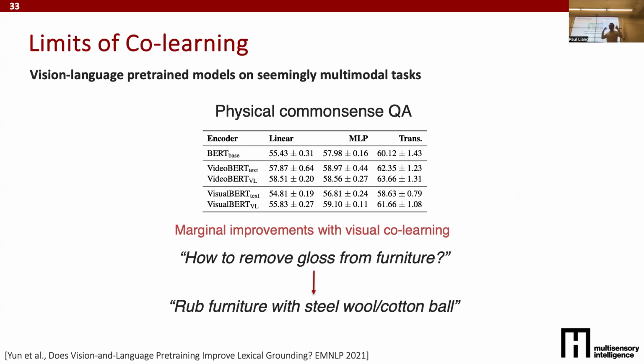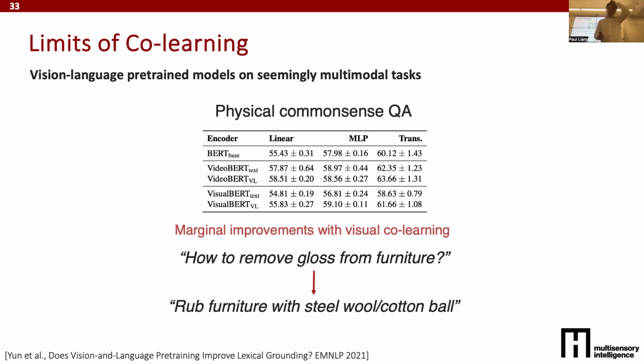Probably it makes sense that if a model has seen videos of people doing that, or instructional videos, it should do better. But no, you can start training these VideoBERT and VisualBERT, and performance improves a little bit, but sometimes it can drop quite a bit. So there are limits to co-learning. It doesn't always work.